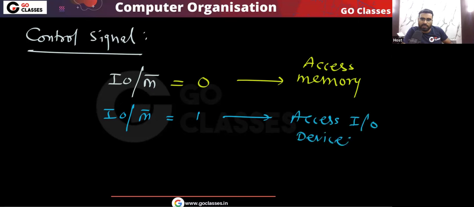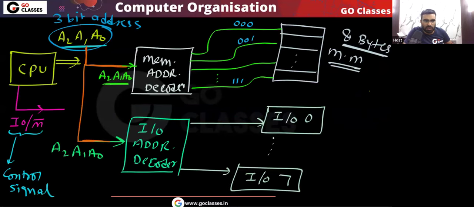Very simple, just one signal you need. Remember M bar: if the signal is 0, you are accessing memory, and if the signal is 1, you are accessing IO. So the CPU will generate this signal. That's it.